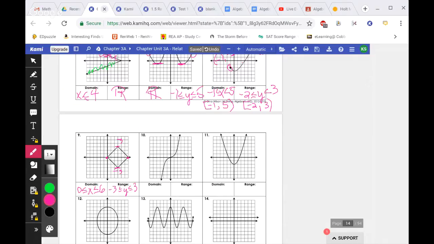So even though it's moving more quickly up and down, it's still moving out into the right and down into the left. And so for domain, you're always thinking about how is the graph moving horizontally? Is there ever going to be an end point? And no, there isn't. So the domain here is all real numbers and the range is all real numbers.